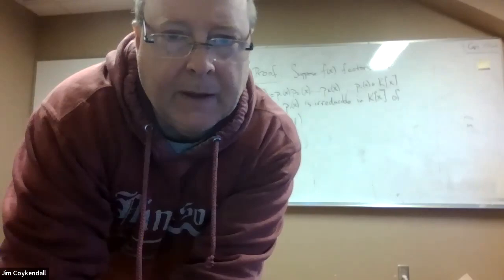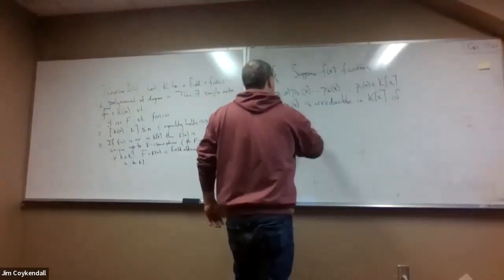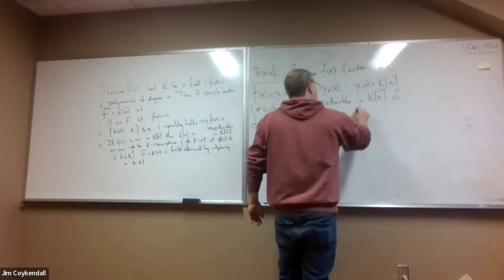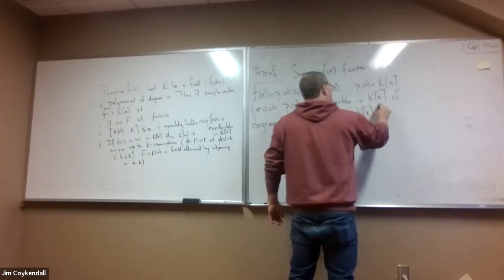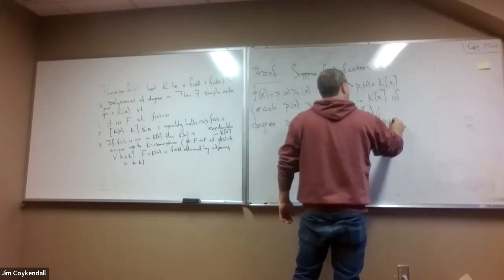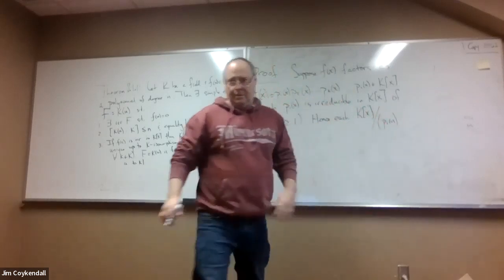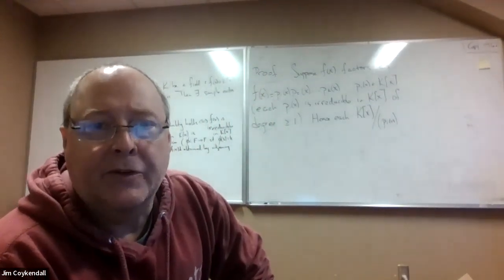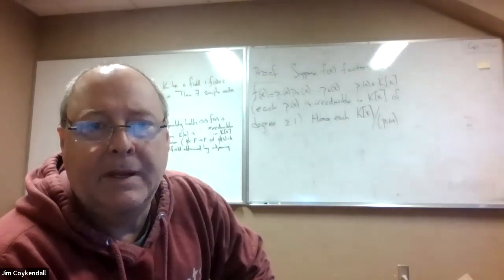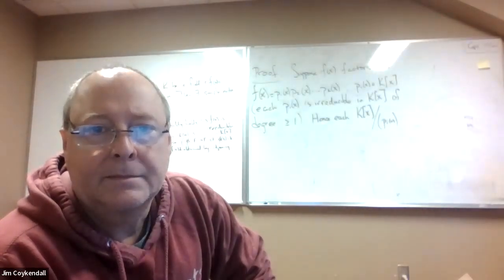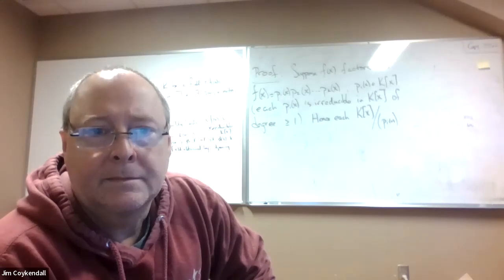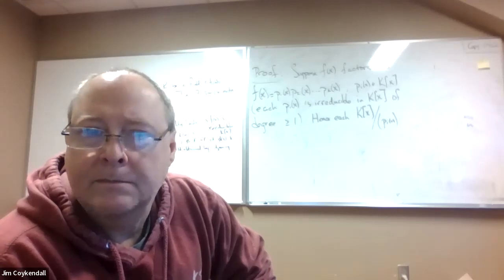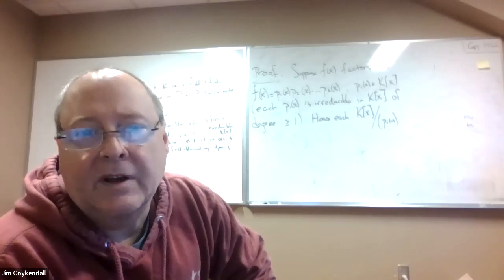So let me ask you this. If I look at K[x] modulo pi(x), for any one of these factors, can somebody tell me what we know about the structure of that ring? What do you know about K[x] itself?